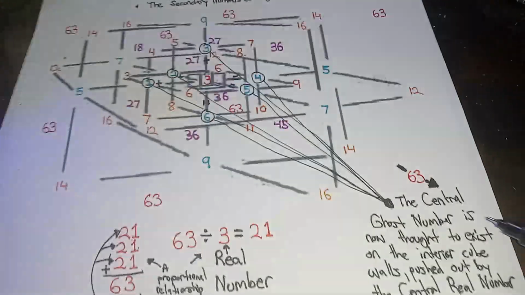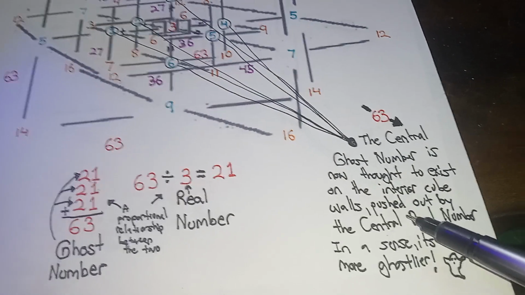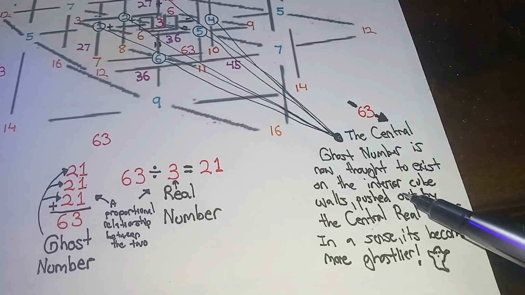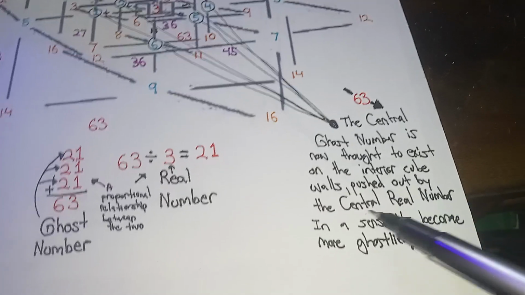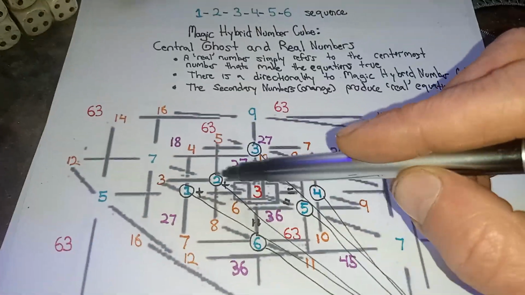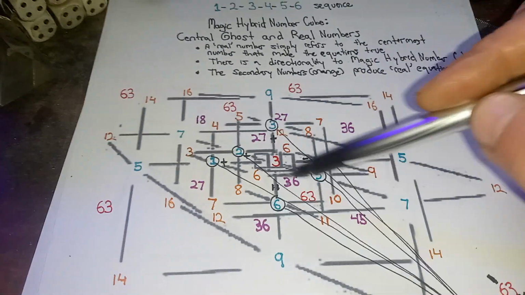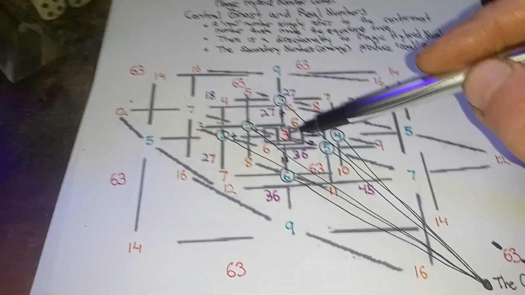In this case, the central ghost number is thought to exist on the innermost cube walls, pushed out by the central real number. In a sense, it's become more ghostlier. The ghost number exists on the walls, while the real number exists inside.